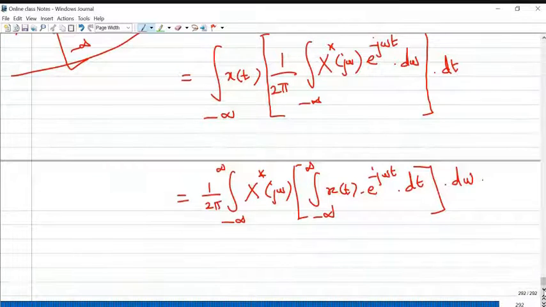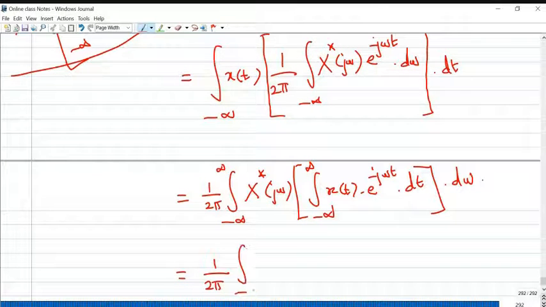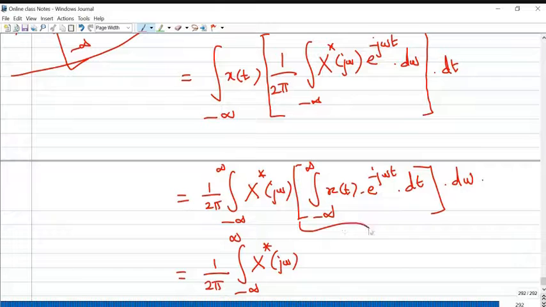That is the Fourier transform of x of t, represented by X of j omega.